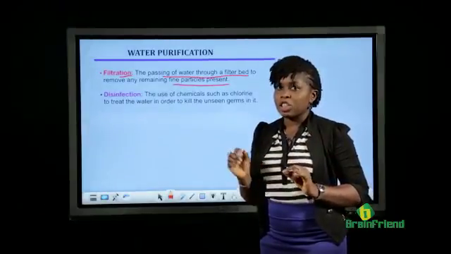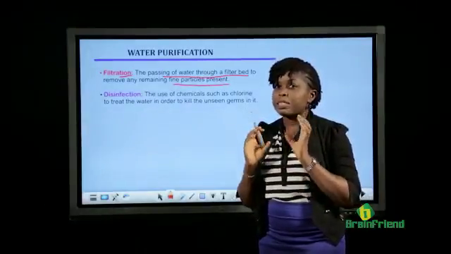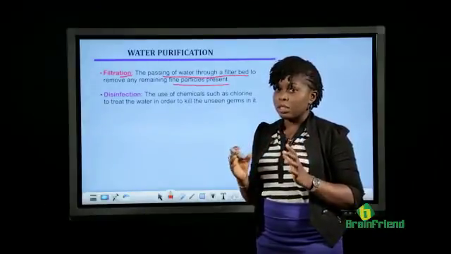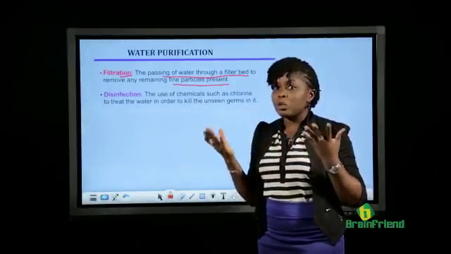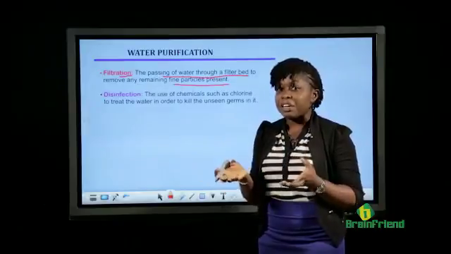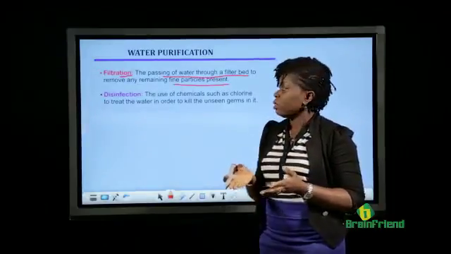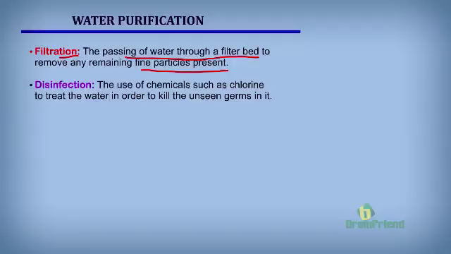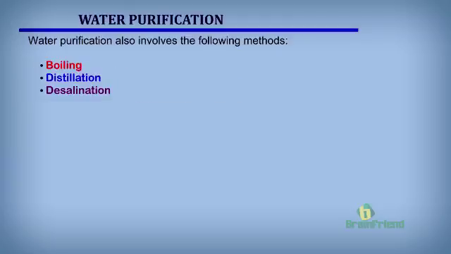But remember, germs in water cannot be seen with the naked eye. And so, inasmuch as the water looks clear, it doesn't mean that it is fit for drinking. So the next stage is disinfection. This means the use of chemicals such as chlorine to treat the water in order to kill the unseen germs. So these are the stages in water purification.